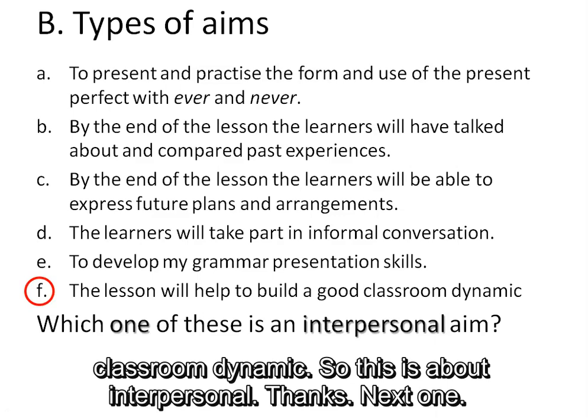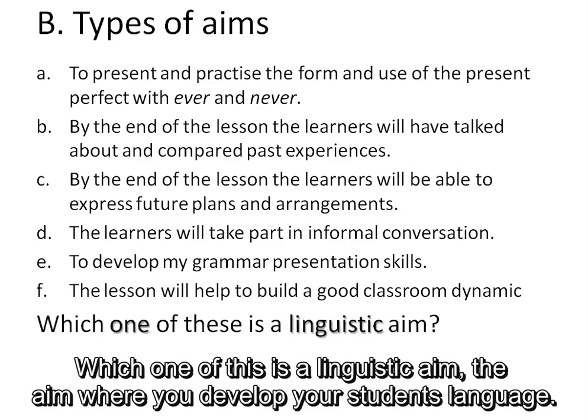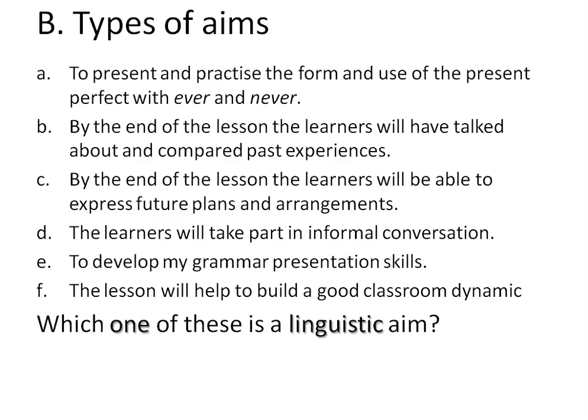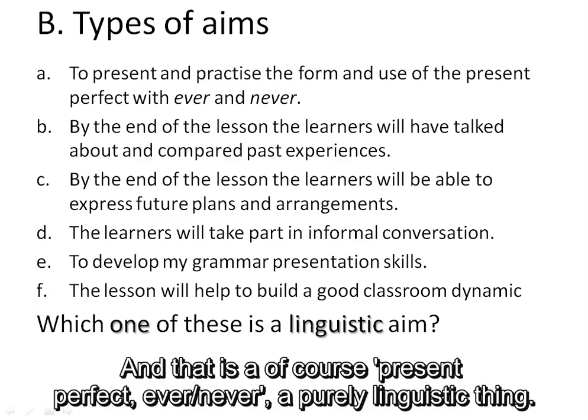Okay, next one. Which one of these is a linguistic aim? The aim where you develop your students' language. And that is A, of course, present perfect, ever, never, a purely linguistic thing.